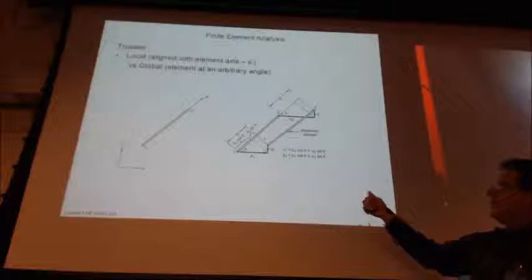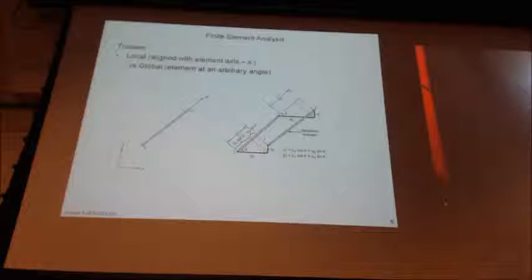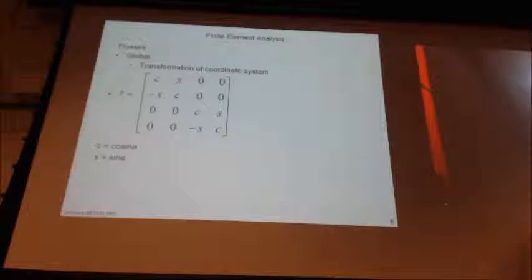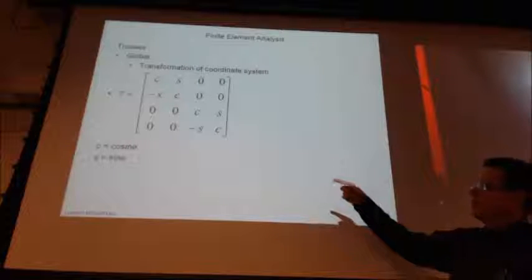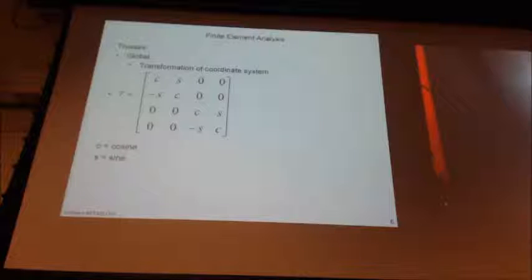So we're going to be doing cosine and sine, and so that's why we end up with this generalized coordinate, right?